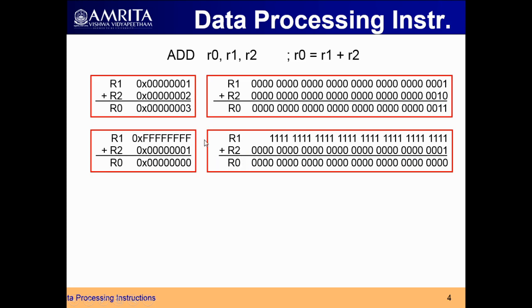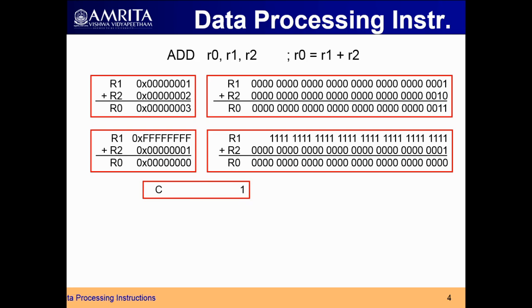That means FFFFFFFF is the maximum 32-bit value which can be accommodated. When you are adding 1 to it, what will happen? Carry will be generated and the result will be all zeros. Right. So how will you identify a carry is generated or not? By using something known as carry flag. Right. And where is this carry flag available?